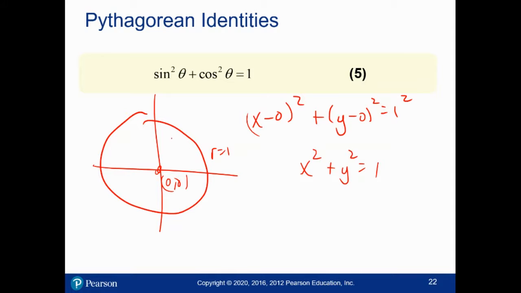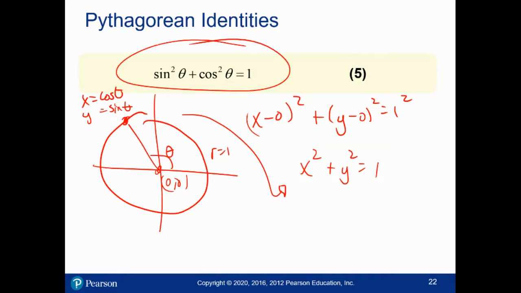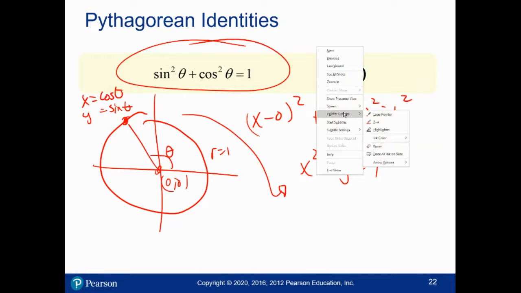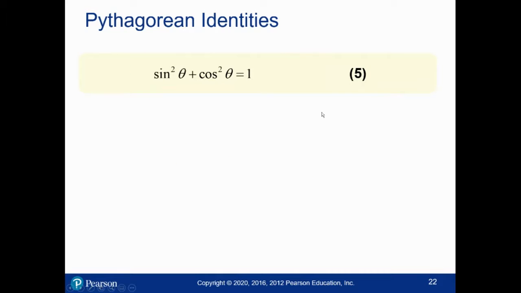This is true for any point on the circle. So if I mark off any angle I want, the coordinates of this point, x is cosine theta, y is sine theta, and I just plug those in here and we get exactly this. So this is just replacing y with sine theta and x with cos theta in the generic equation of the unit circle, because the unit circle was used to define sine theta. Okay, so that's why this is true.